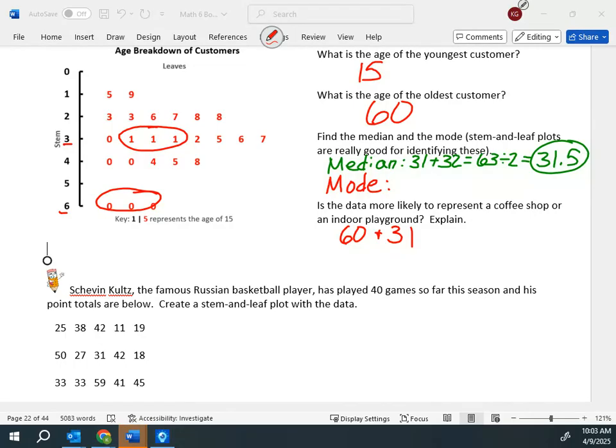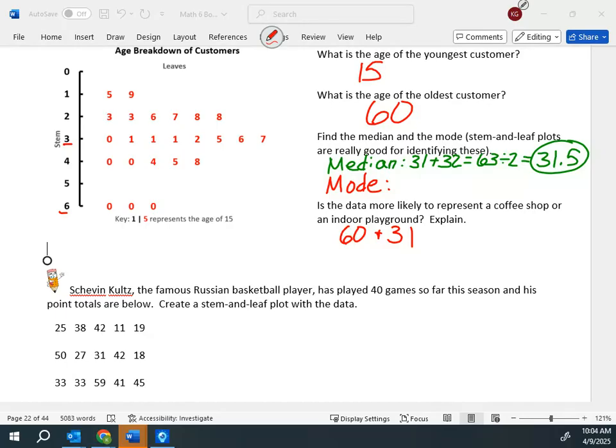You have to be super careful with this one, because every year I have kids that go, oh, let's see, the most. I see 2, 3 8s. I see 1, 2, 3, 4, 5, 6 zeros. 2 6s, 2 7s, 3 5s.